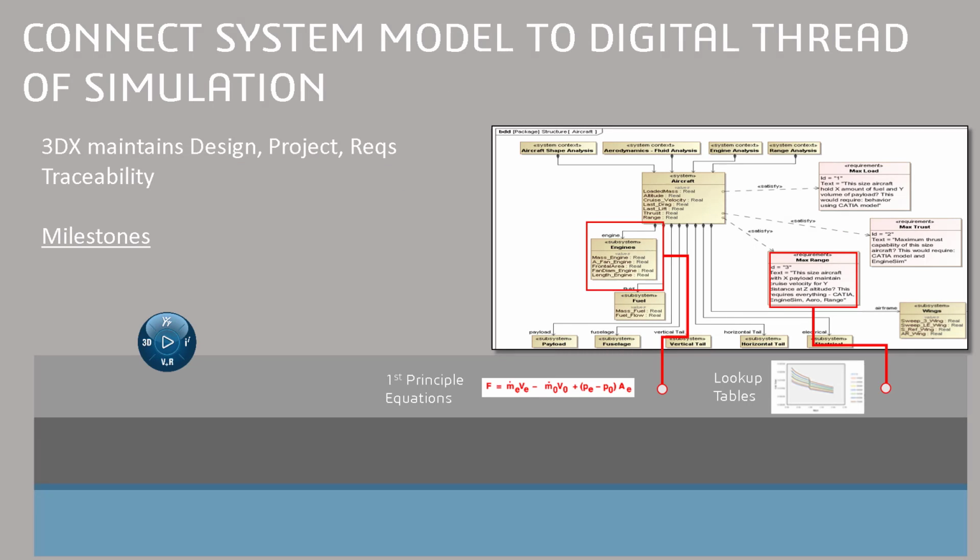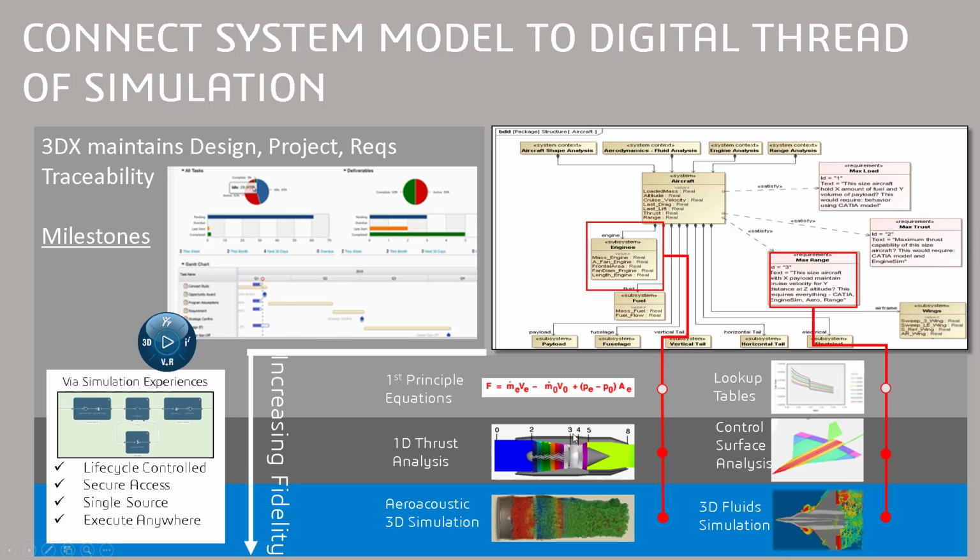On top of that, we have all of those models which we use for analysis: 1D principal equations, lookup tables, control surface analysis, 3D fluid simulation, acoustics 3D simulation, 1D thrust analysis. They all exist with their own workflows, their own versioning, and they are all managed in the controlled environment.